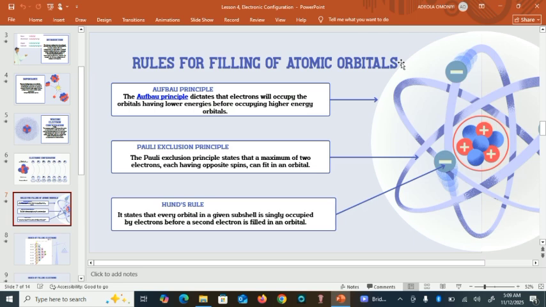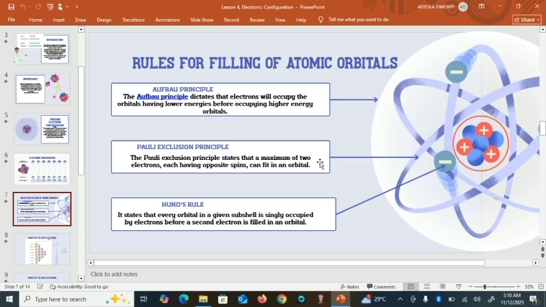So the lower energy must be occupied before the higher energy orbital. Then the second rule is the Pauli exclusion principle, which states that a maximum of 2 electrons, each having opposite spin, can fit in an orbital.